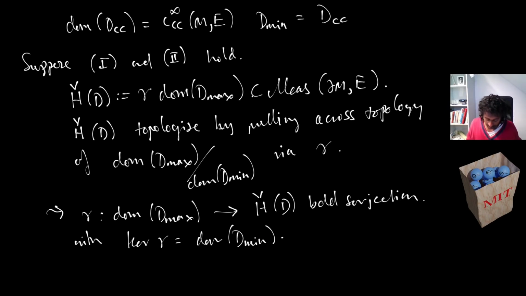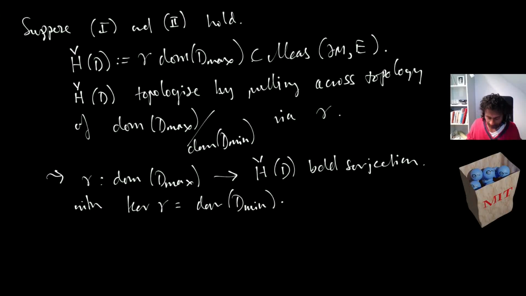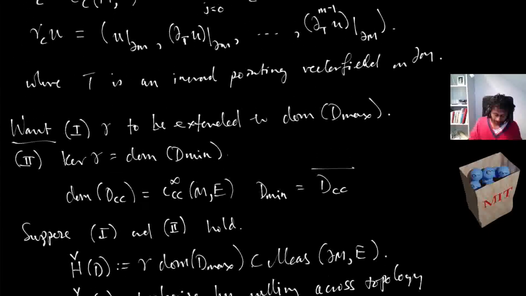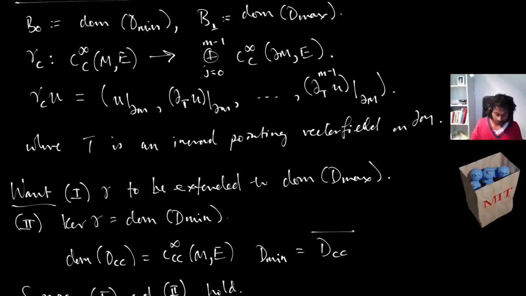So let me just say we haven't really done anything very meaningful here, right? The point is that this map gamma is really the canonical map that allows us to get from the operator which sees the interior to the boundary.